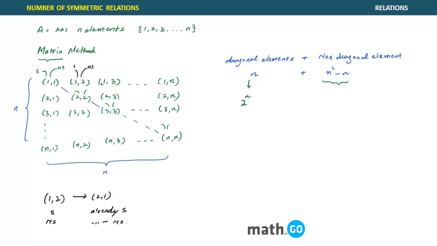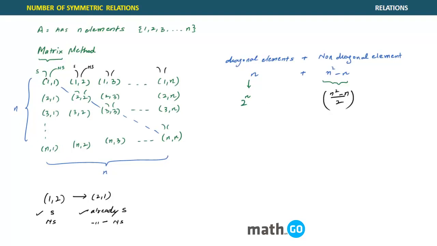Similarly, if I talk about 1 comma 3, there is no need to talk about 3 comma 1. Whatever option you choose for this element will already come out for that particular element. So how many pairs are there for which we will talk about selection and non-selection? That will actually be half of this number.